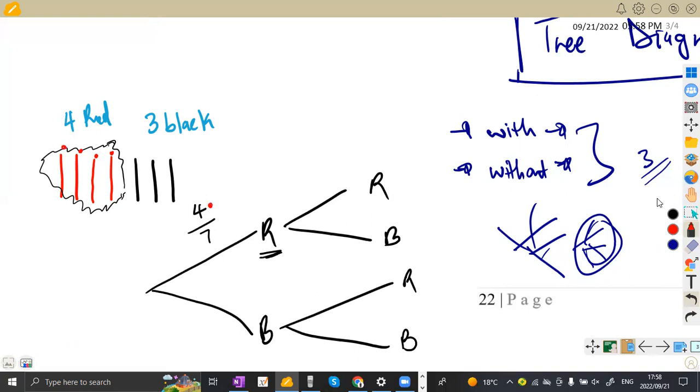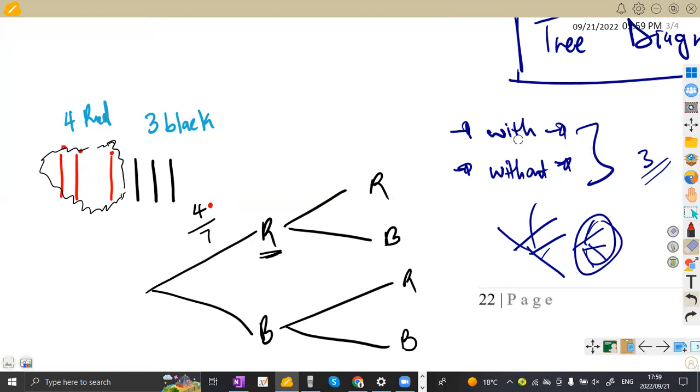Now this marker is no longer there, which means this part cannot affect the second outcome, not the first. On the first, there were 4 of them, but we picked one, which means we have removed one. But to remove this one, we had 4 chances. Are we seeing the concept?